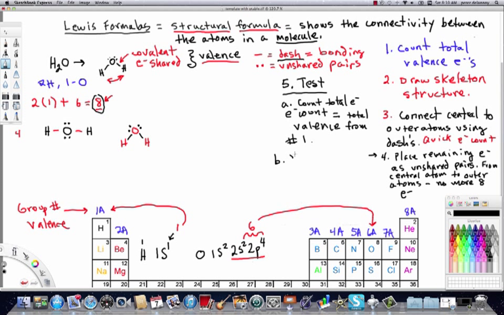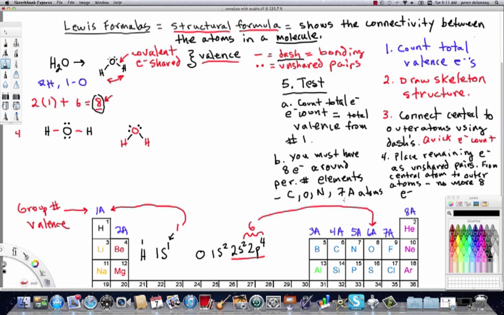you must have 8 electrons around period 2 elements, and that includes carbon, oxygen, nitrogen, and actually 7A atoms.